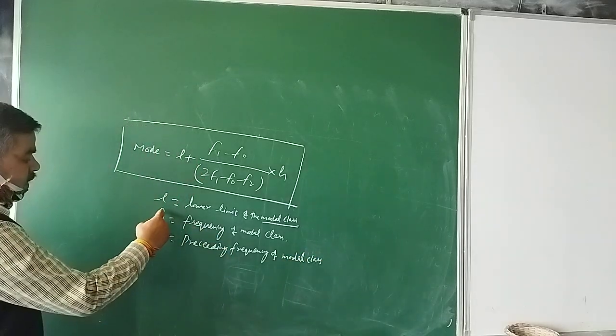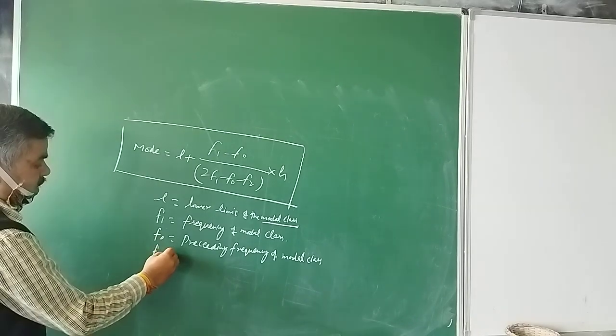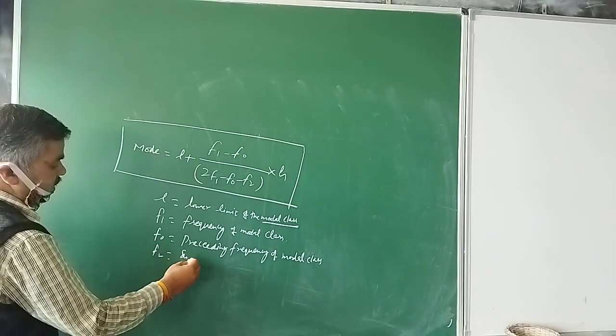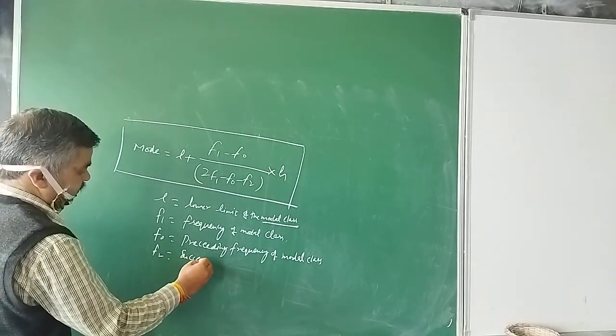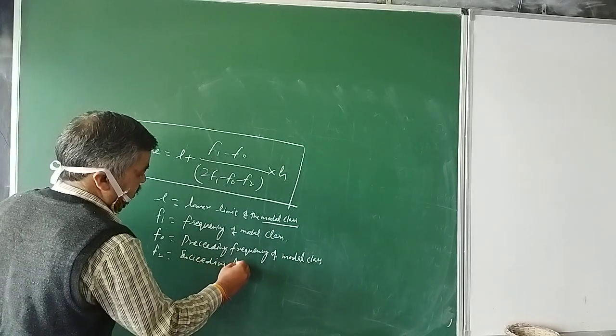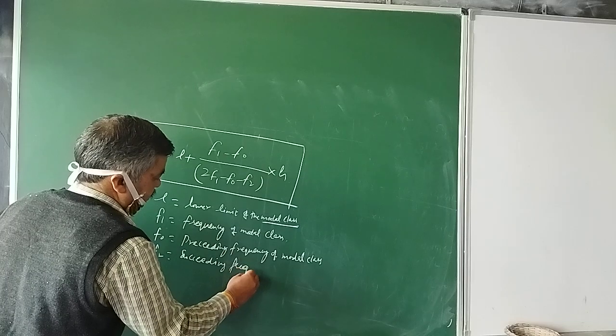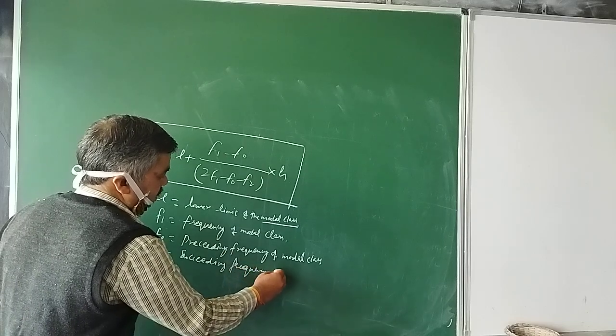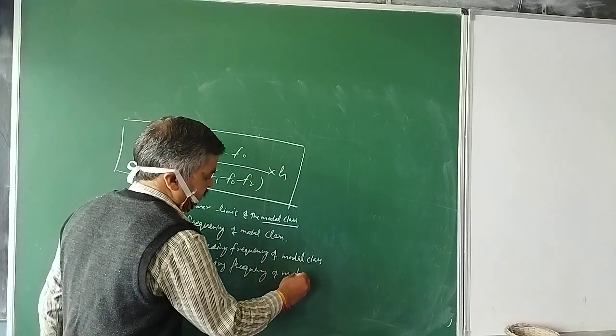F2 means 1 plus 1, so F2 is the succeeding frequency of the modal class.